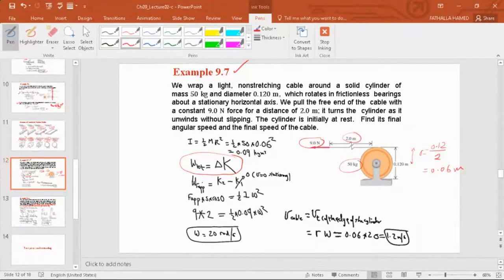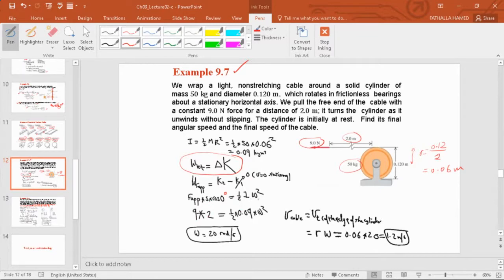Now the only work that you see is done by this force here, which is 9 Newtons. You're pulling in this direction, and your displacement is in this direction. The angle between both of them is 0. So the work is the applied force times the displacement times cosine 0, and cosine 0 is 1. The magnitude of your applied force is 9, and the magnitude of your displacement is 2.